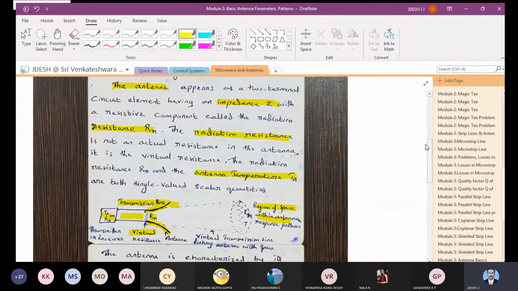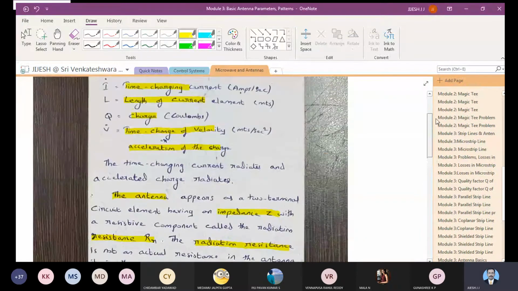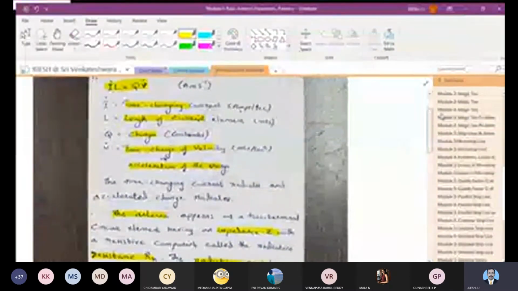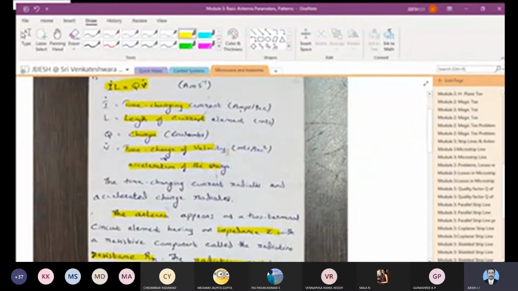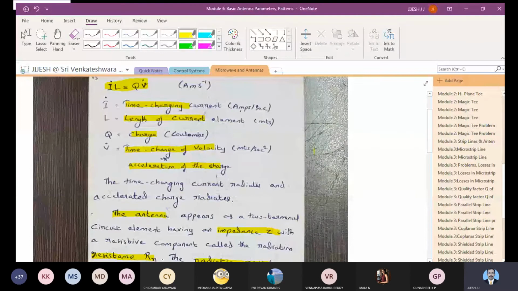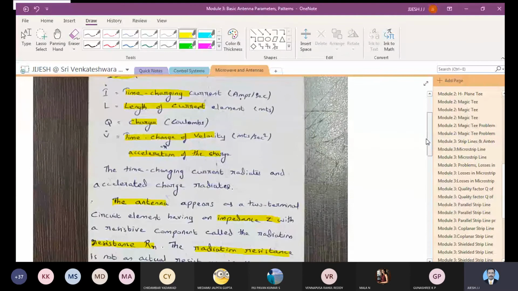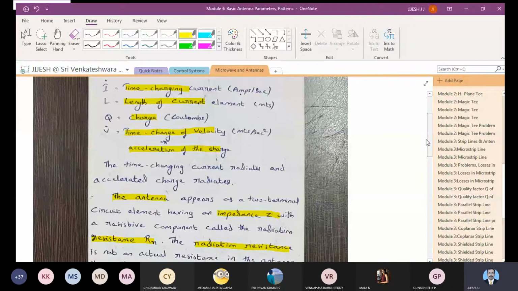I think all of you might have completed this equation and its relevant parameters, I dot L, Q, V and all. So, continuation of that. You can note down these things.